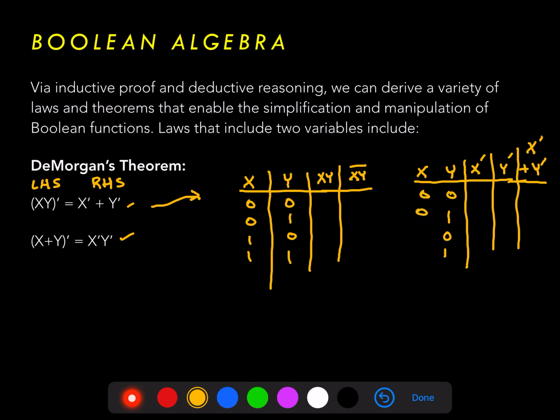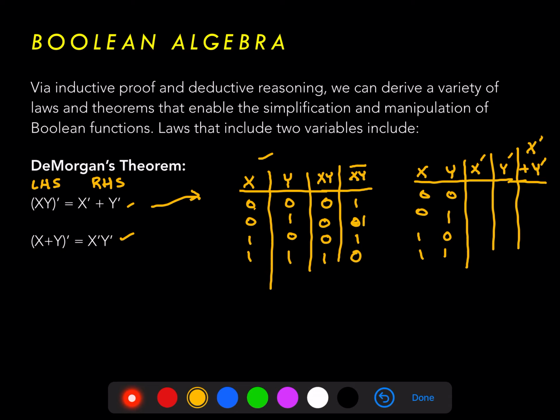And now when we go ahead and look at these expressions, x and y here in this first truth table, 0 and 0 is 0, 0 and 1 is 0, 1 and 0 is 0, and finally 1 and 1 is 1, and the opposite of that, simply 1, 1, 1, 0 here.